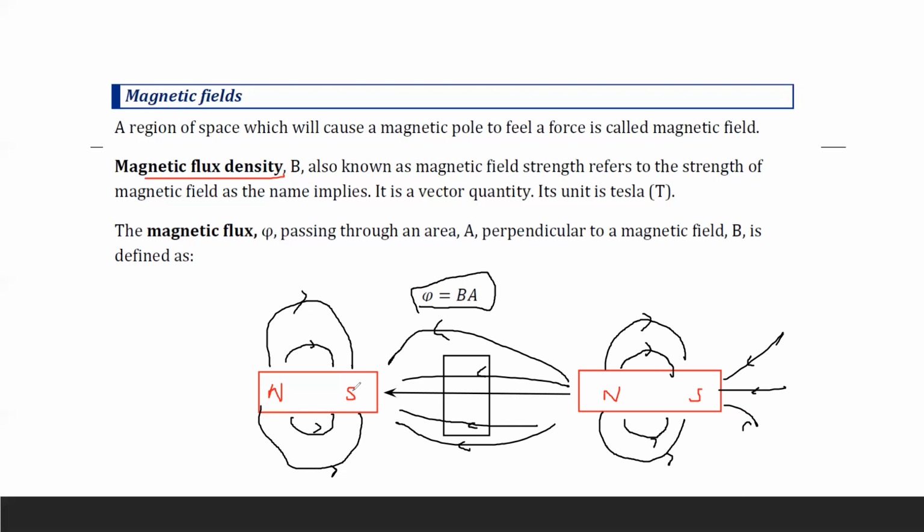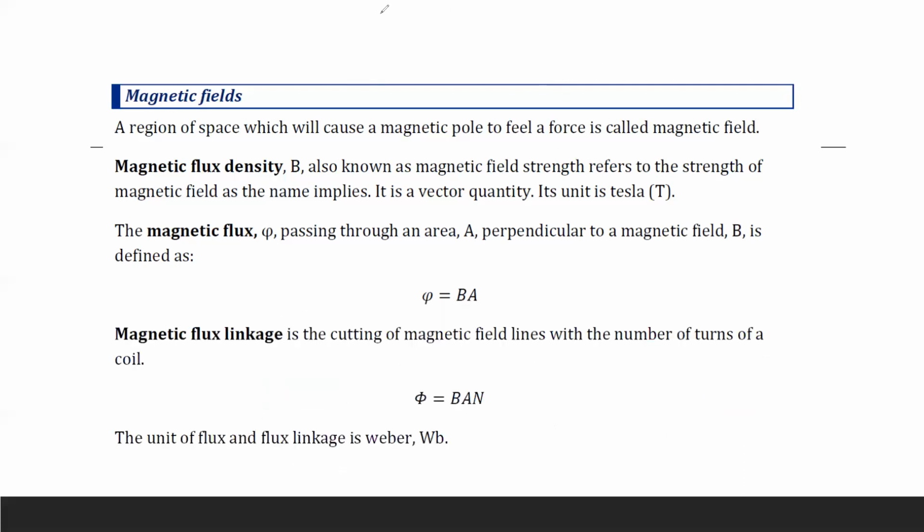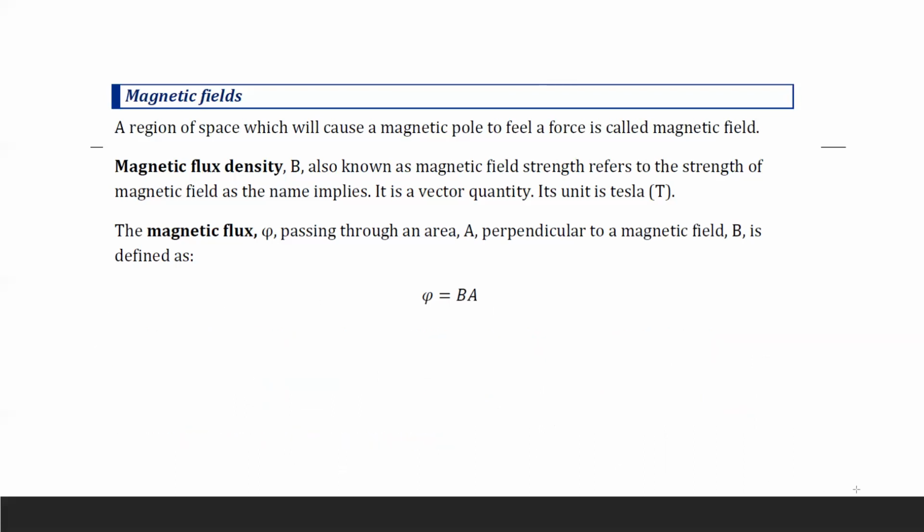If the magnetic field is making a certain angle, then we resolve the magnetic field into components and find the flux. For example, say this is a surface and the field lines are making a certain angle.